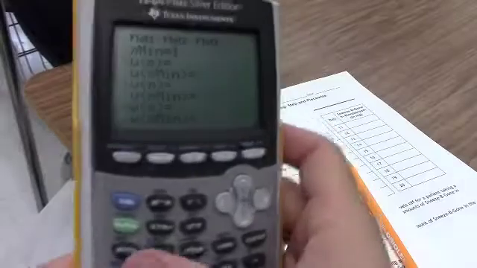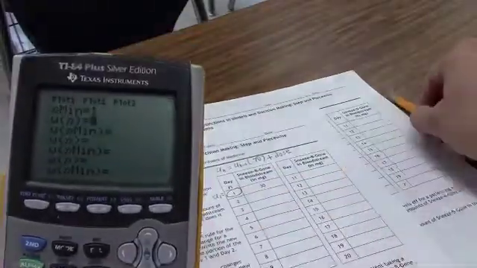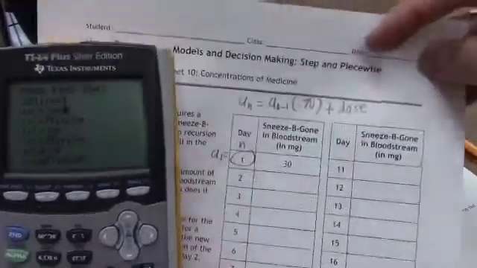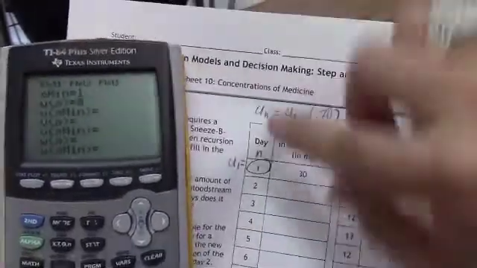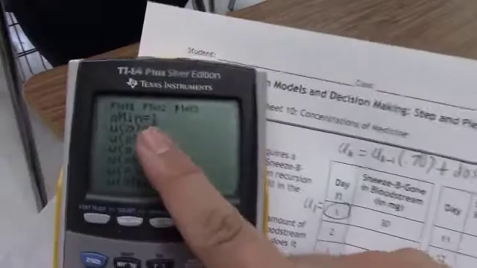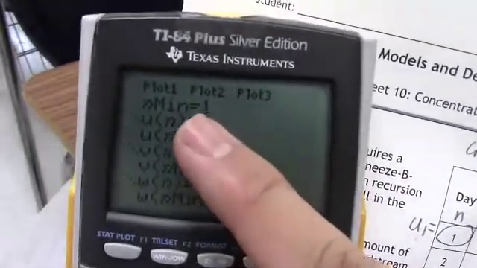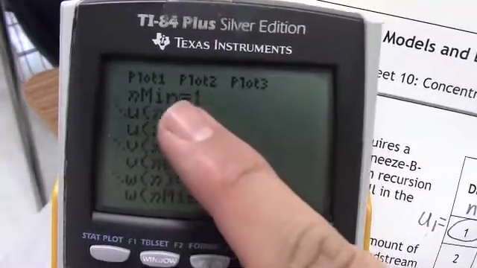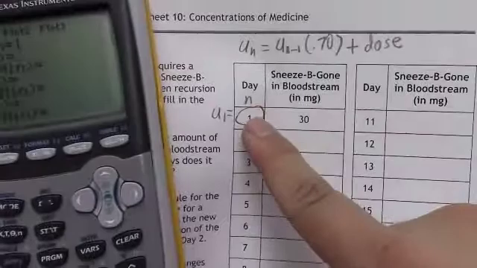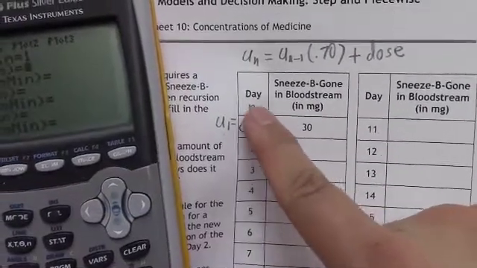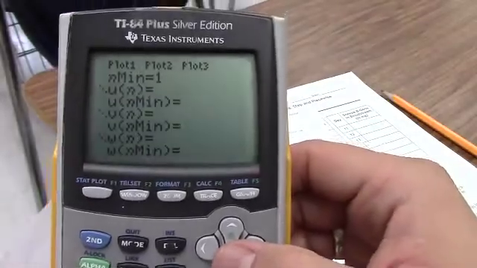Now I'm going to grab this, and you remember right here it says U sub n minus 1, U sub n. Also, if you look very closely, it says n minimum. That stands for the very first number that we're going to be starting with, the n. And our n minimum is basically 1. It's already set to 1, so we don't have to change that.